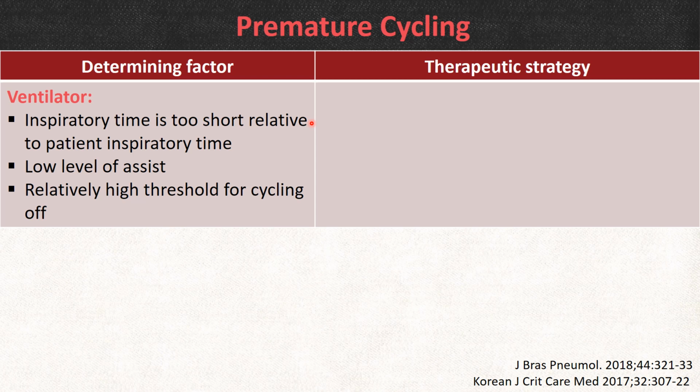It can happen if there is a low level of assist provided by the ventilator, or if there is a relatively high threshold for cycling in pressure support mode. So, in case of premature cycling, the chance of double trigger is more.